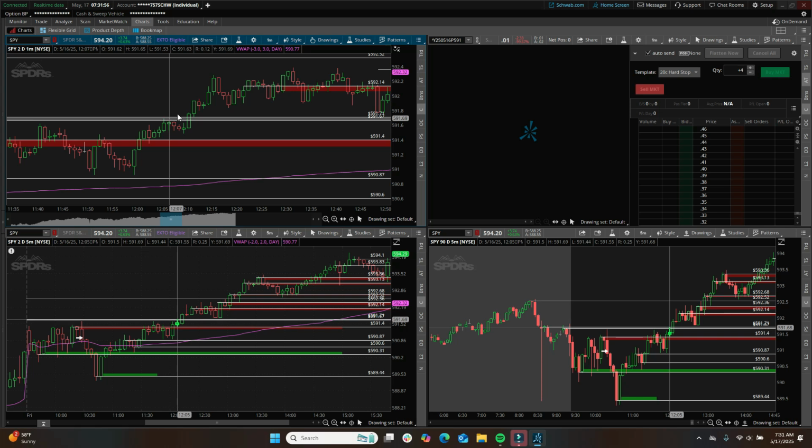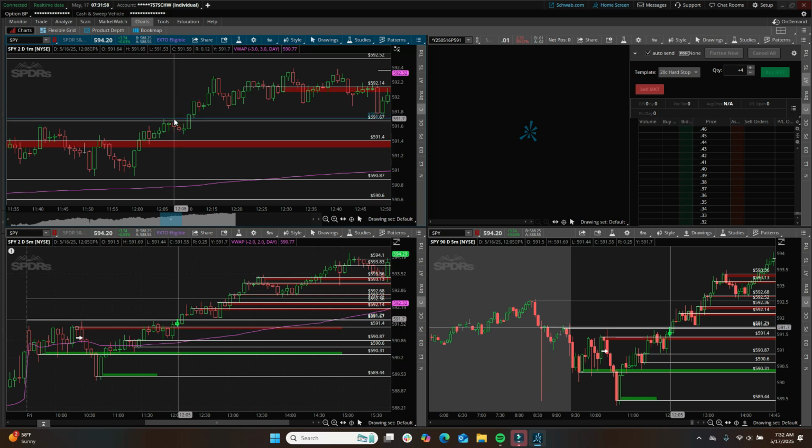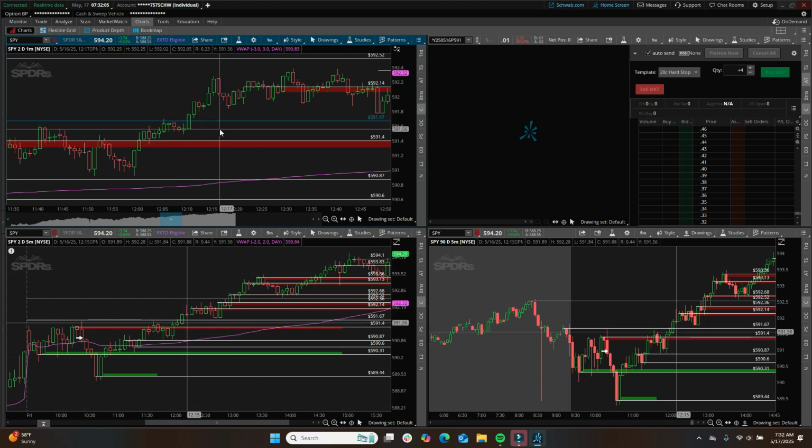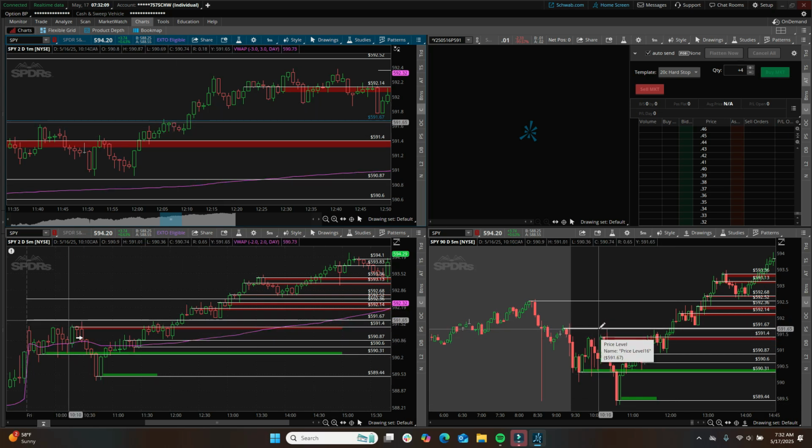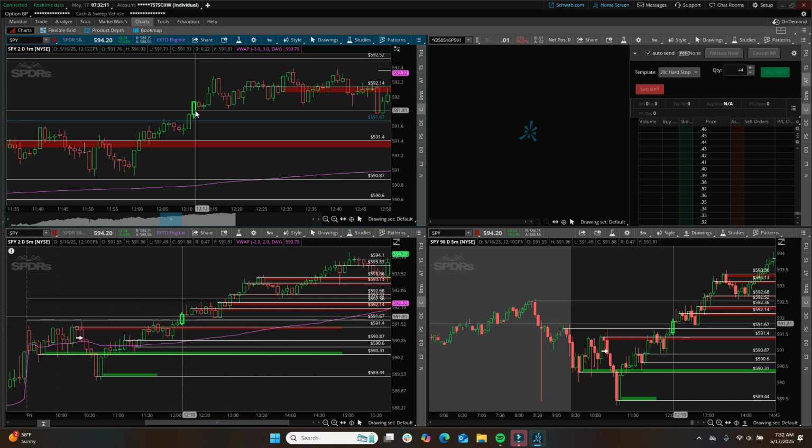So I saw another student take a trade off of this area here, and I'm gonna be honest, I was thinking about taking it as well. It was just past this resistance area here, and it did not form. If it had formed green within 7 seconds of the candle close, I probably would have taken it. In hindsight, maybe I should have taken it.